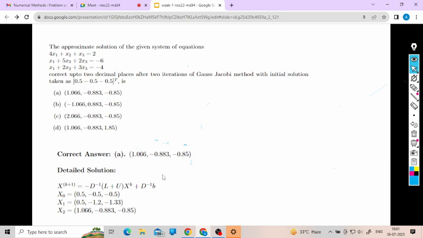Ayush is saying that he has got 0.75, minus 0.9 and minus 0.833. Is someone getting an answer like this? Ayush, you can proceed to the next iteration and check whether you are getting the x2 value.